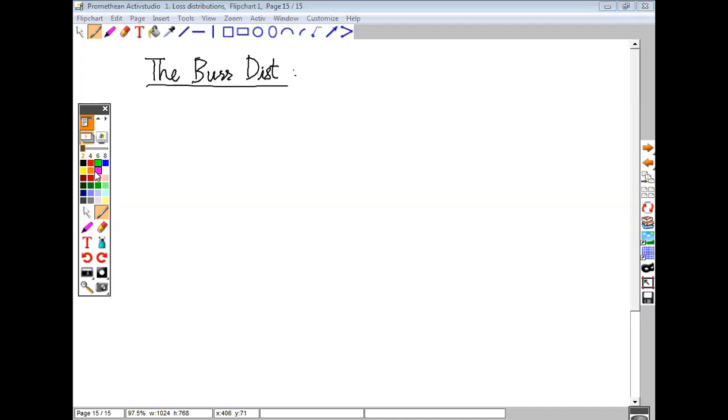From the previous slides, we remember that the PDF for our Pareto distribution is something like this. So we have lambda raised to alpha upon lambda plus x raised to alpha, and this is only defined for all x's greater than 0.